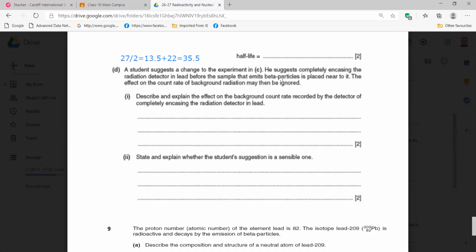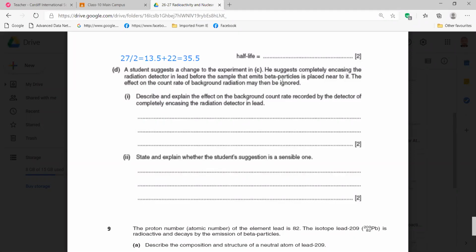So what can we write? We can deduce that the count rate will be reduced. Why will the count rate be reduced? Because beta particles and alpha particles will be stopped, but gamma rays will not be.